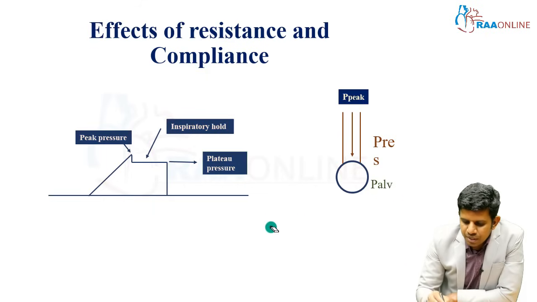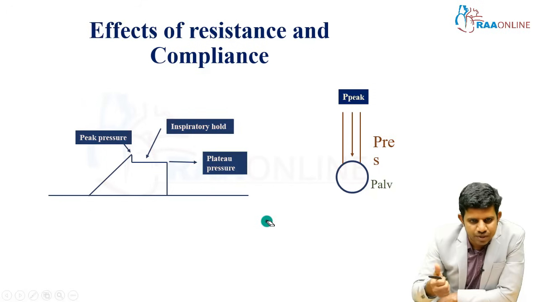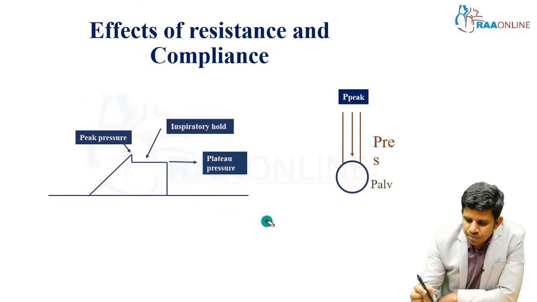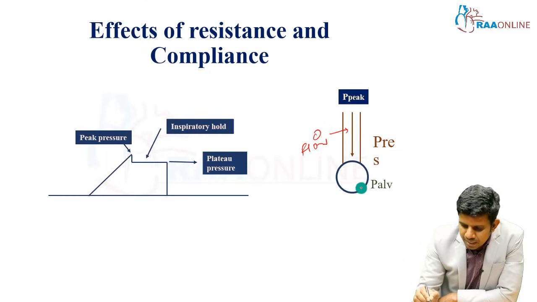There is the end-inspiratory hold. We can give them a hold of at least a few seconds. During an inspiratory hold there will be no flow, zero flow. So whatever pressure is in the lung is not contributed by the resistive pressure, because zero flow means the resistive pressure is also zero.